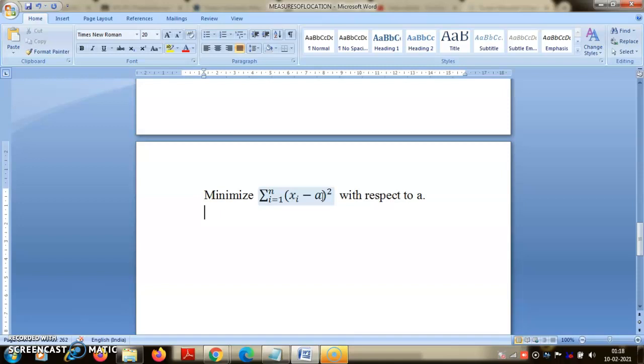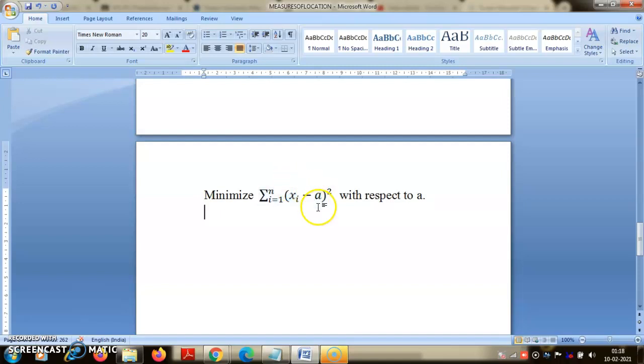You have to apply the principles of maxima and minima: take the derivative, equate it to 0, and solve the equation. You can easily verify that the derivative with respect to a is minus 2 times the summation of (xi minus a). Equating it to 0, the solution is n times a equal to the summation of xi, or a equal to x bar. So the mean is the minimizer of the mean square deviations.